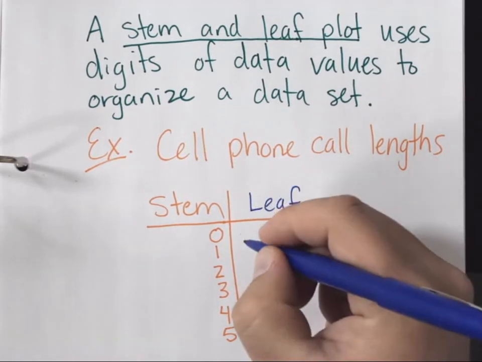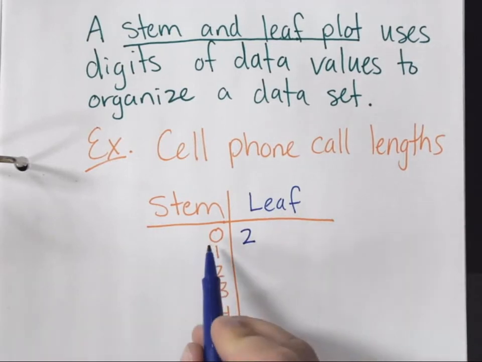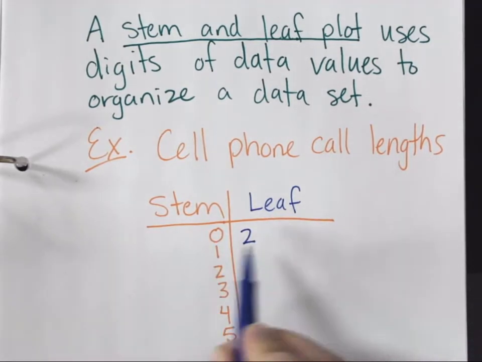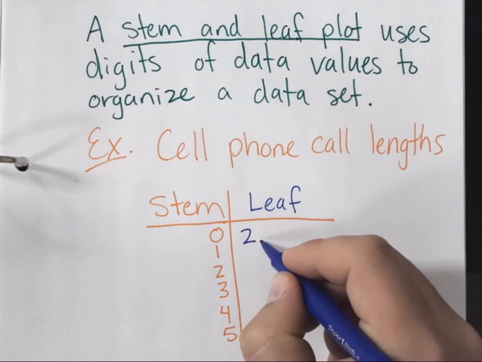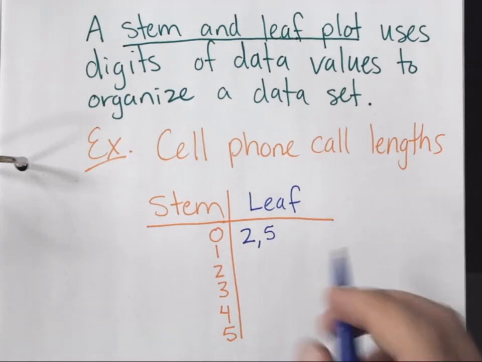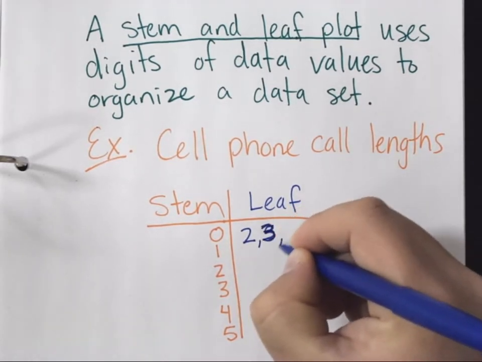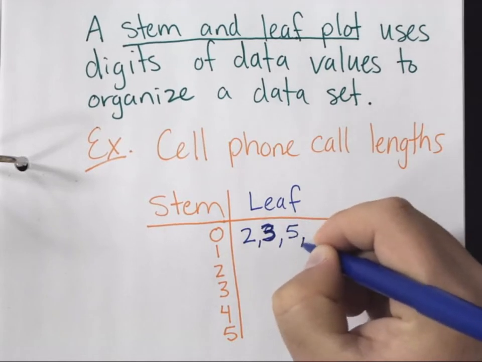So for example, we could have a 2 here. So this number right here would represent 2. We could also have a 3, a 5, and a 6.